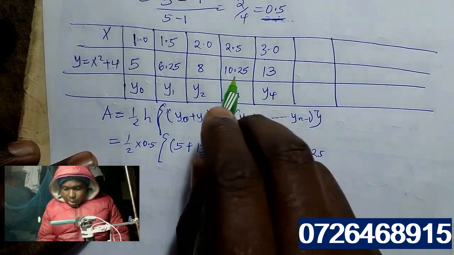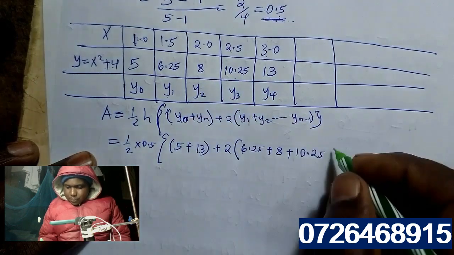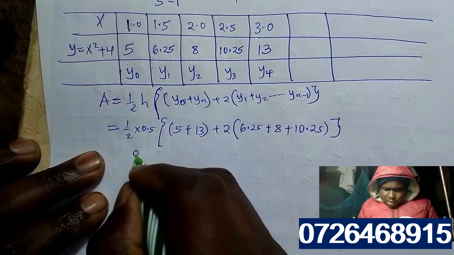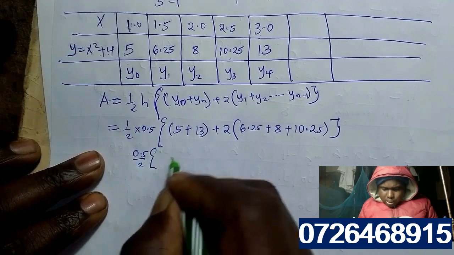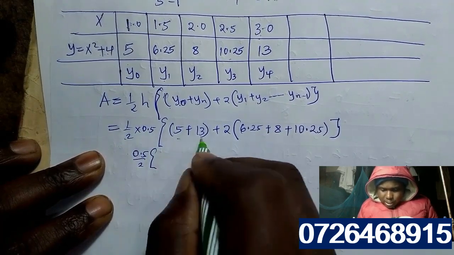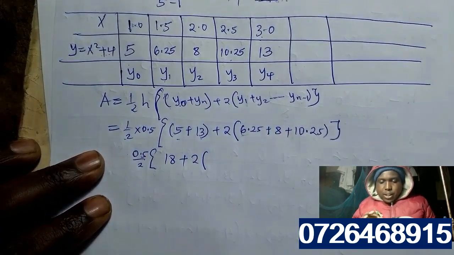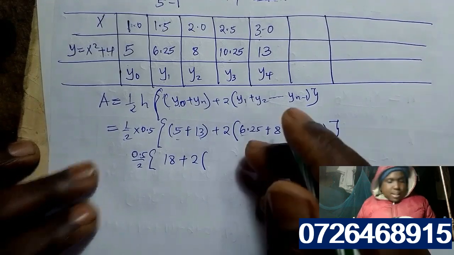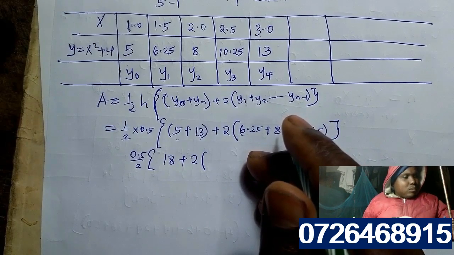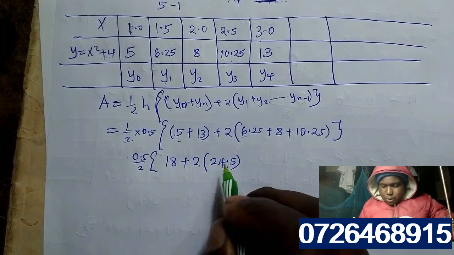So 0.5 over 2 outside. Add this and this, it will be 18 plus 2 into the sum of these all. Get the total inside here, and the total is 24.5. 24.5 times 2 is 49.